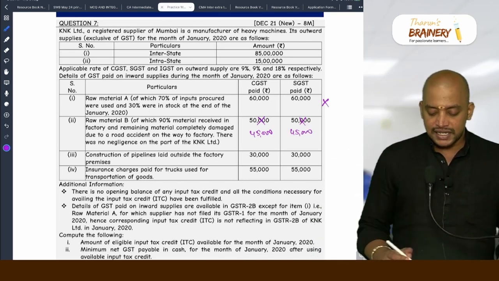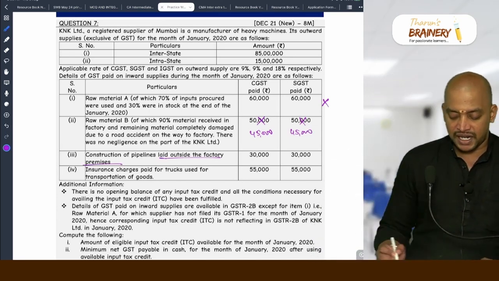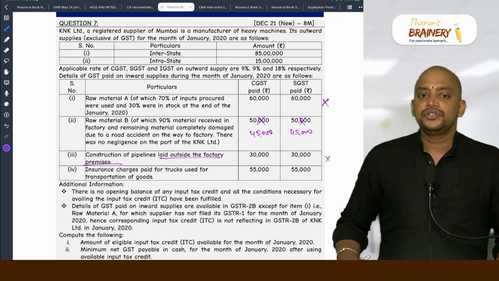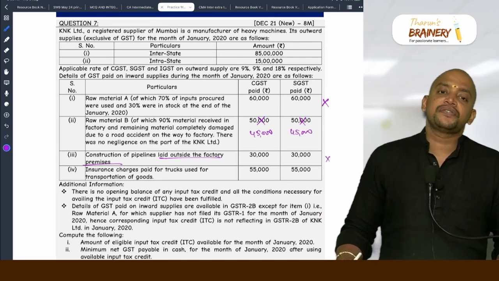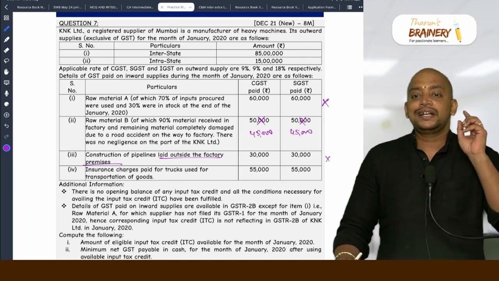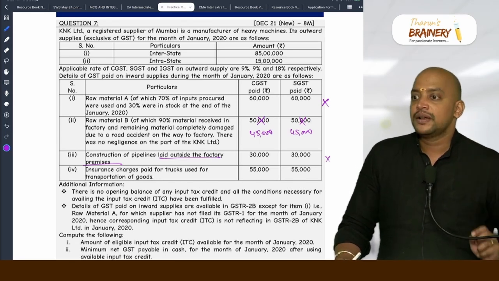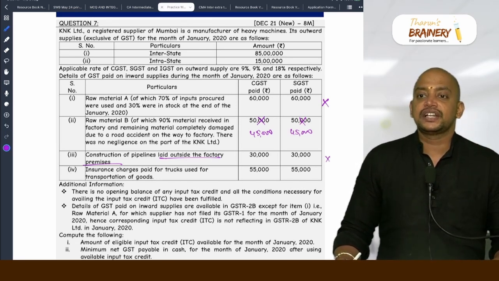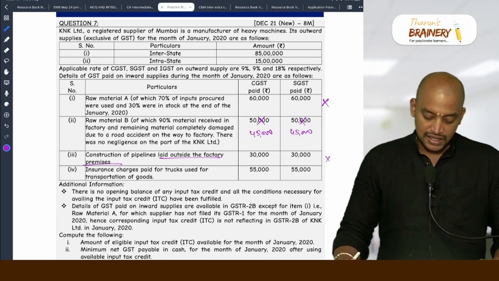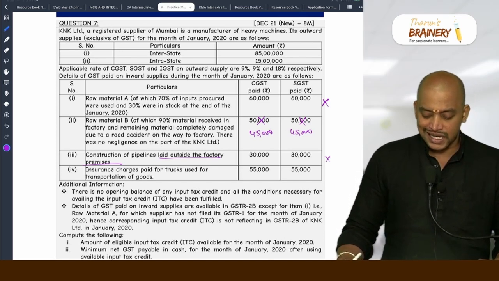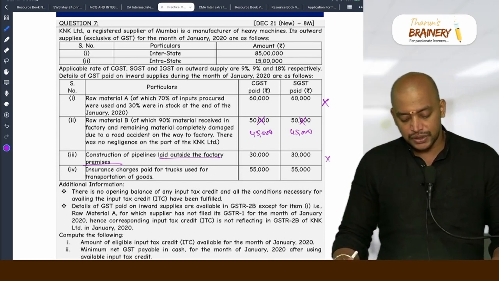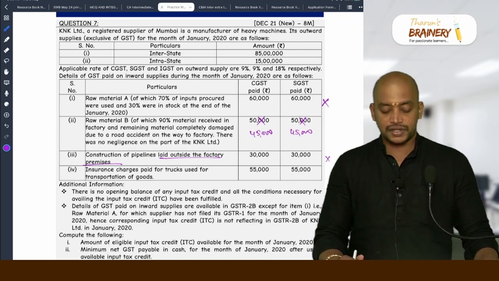Construction of pipelines laid outside the factory premises, we cannot take. Generally, for construction of plant and machinery we can take ITC, but plant and machinery excludes pipelines laid outside the factory and telecommunication towers. Then, insurance charges paid for trucks used for transportation of goods.